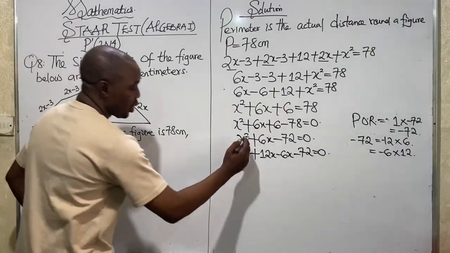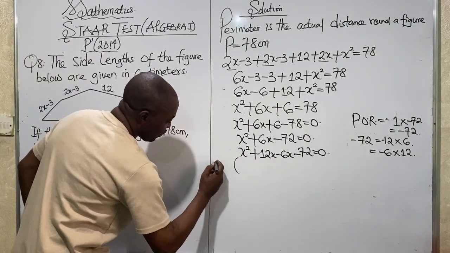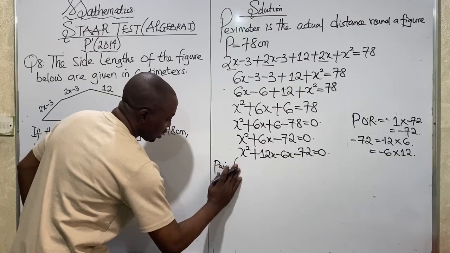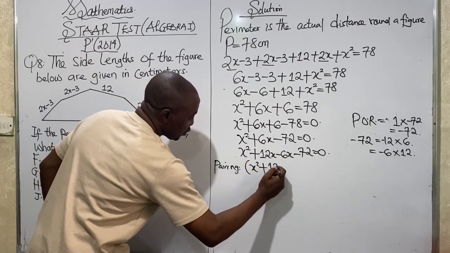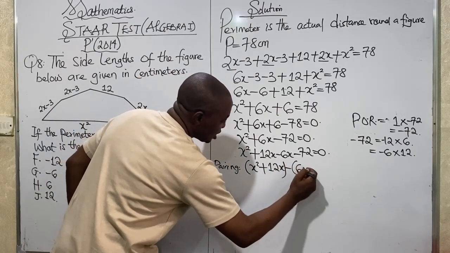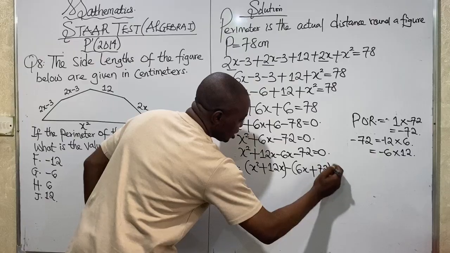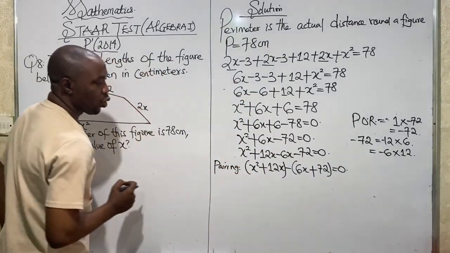Now we can pair this, or we just bring out the common factor. If I pair, we have x squared plus 12x, and then negative 6x minus 72 equals 0. So we can now bring out the common factor.